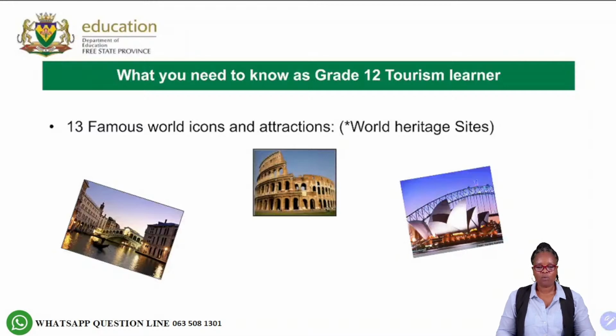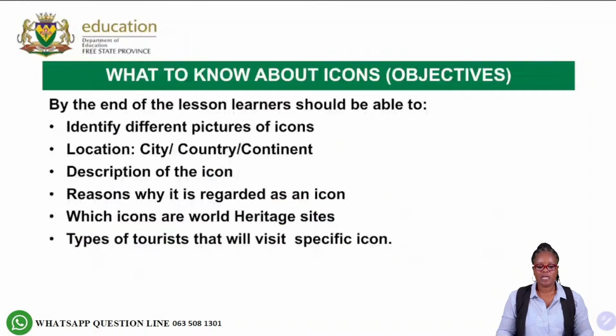Last year's paper, 2023, was 24 marks. Then in 2021, it was 28 marks. So prepare yourself for a maximum of 30 marks for the icons. It's a lot of marks. You need to work on knowing all 13 of them.